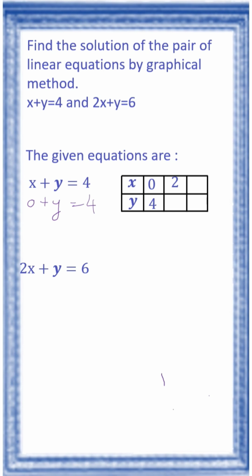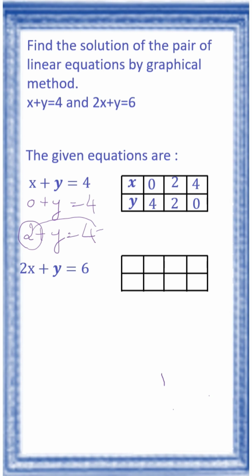If x is equal to 2, y is equal to how much? Transpose 2 to this side, y is equal to 2. If x is equal to 3, then y is equal to 1. If x is equal to 4, y is equal to 0.